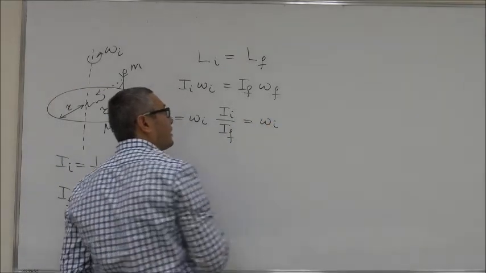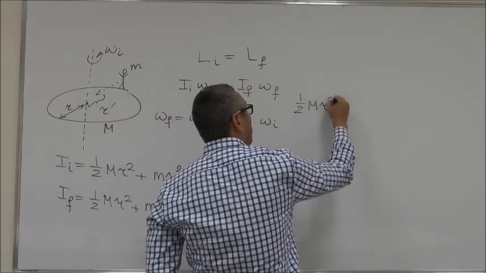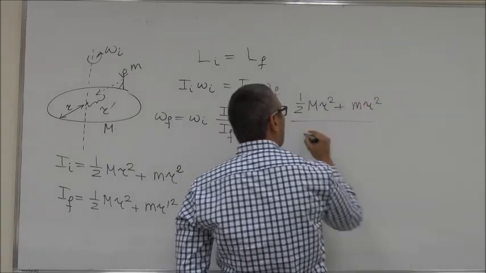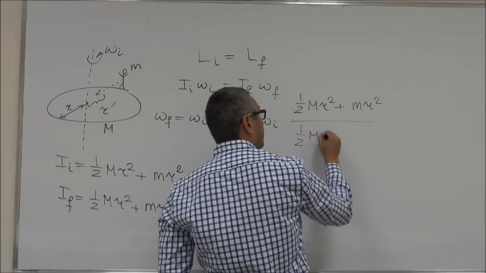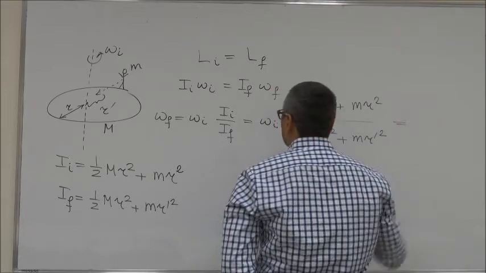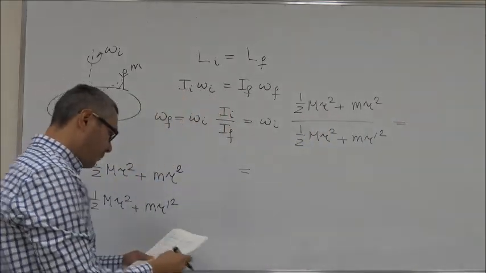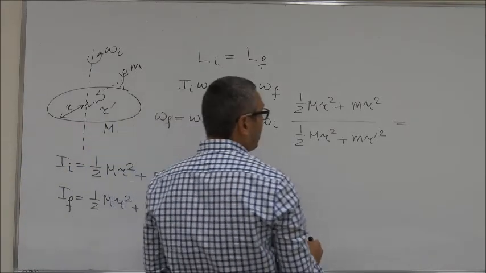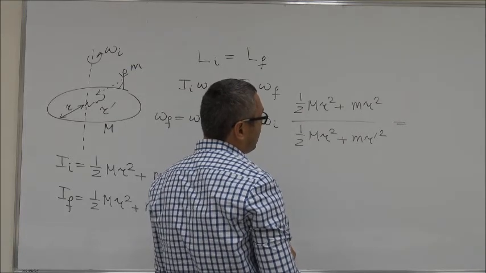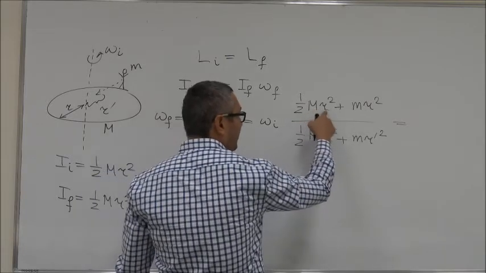So this is equal to omega initial, 1 over 2 big M r squared plus m r squared over 1 over 2 big M r squared plus m r prime squared. You can simplify this. Let's divide the numerator and the denominator by big M r squared.